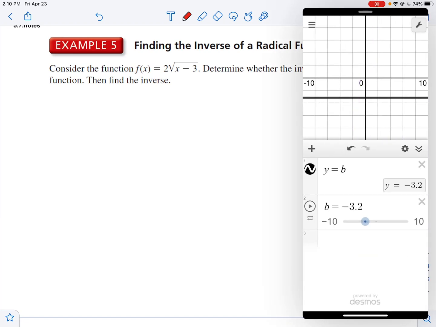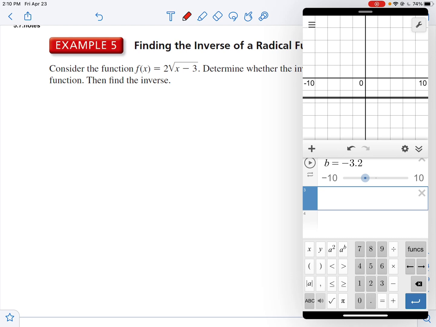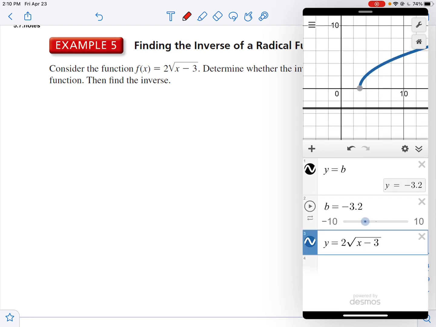So let's go back and we'll change it into y equals 2 times the square root of x minus 3. Now, if you'll notice, the graph stops. It's only in the positive quadrant, so both x and y have to be bigger than 0. Okay?